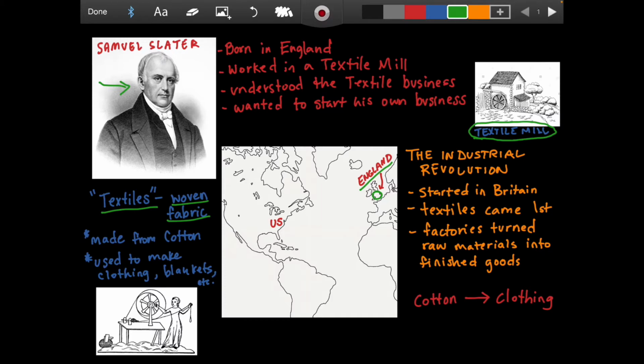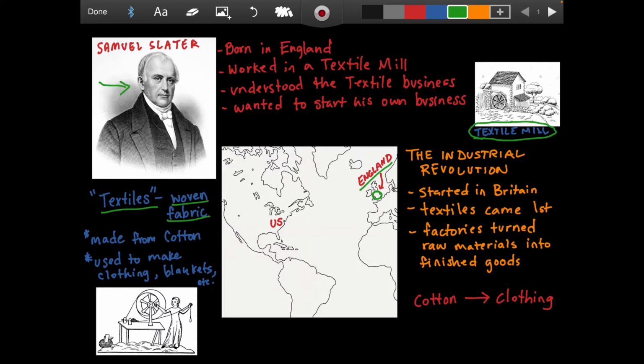And that's basically what textiles are. Textiles are just fabrics that you use to make clothing, to make blankets, sheets for your bed, and anything that you would use fabric to make.